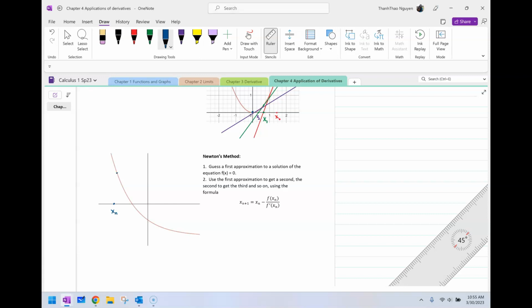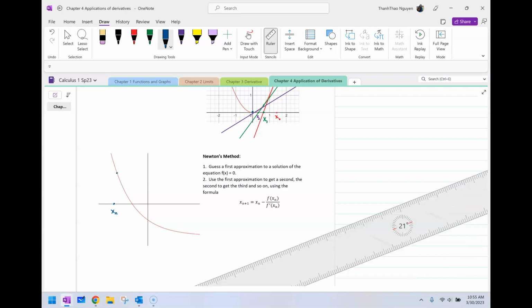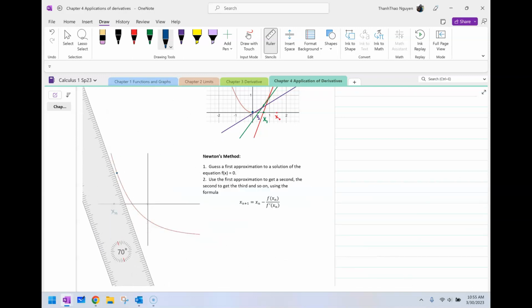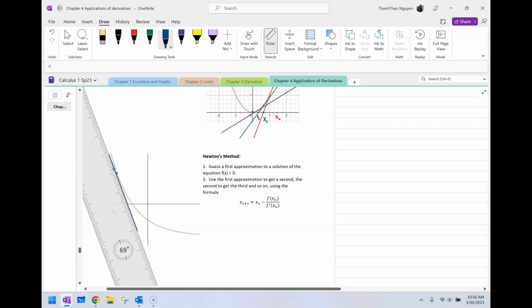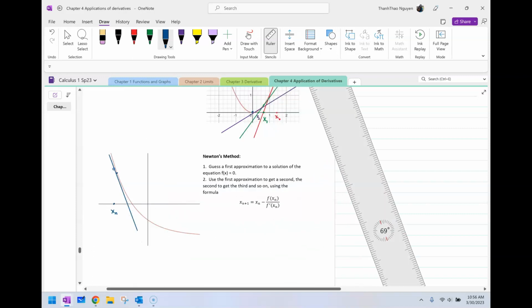Now in that case, I can draw the tangent line at x sub n, the tangent line of f of x at x sub n. And this tangent line intersects the x-axis, and I'll call this point x sub n plus 1.